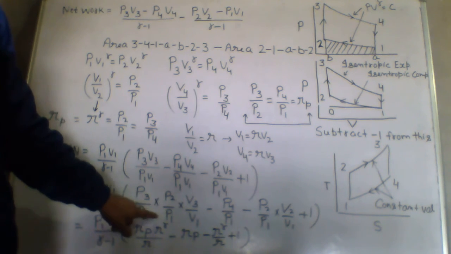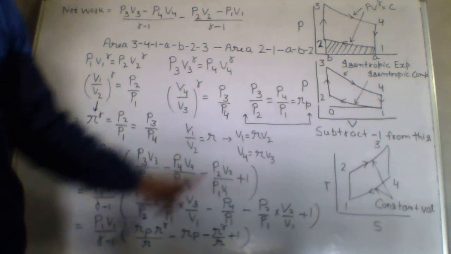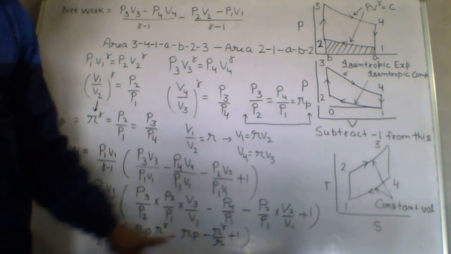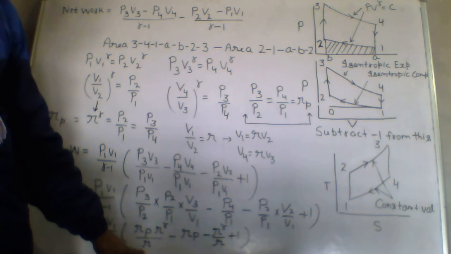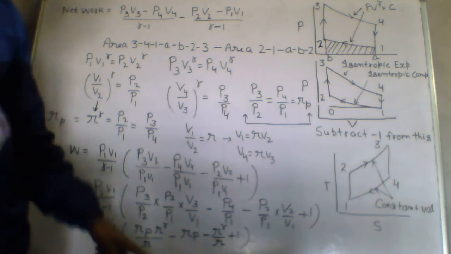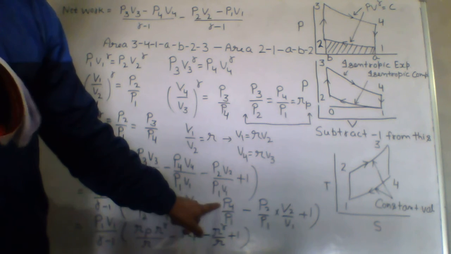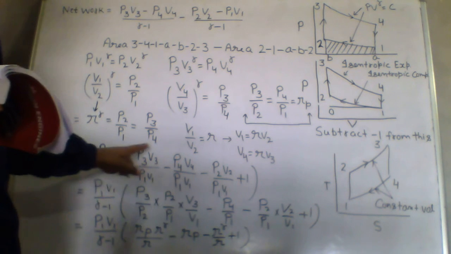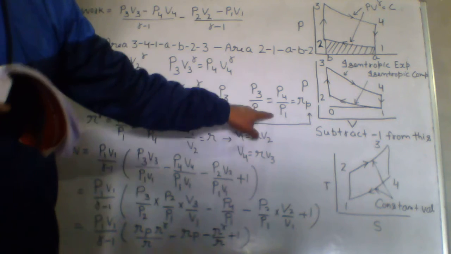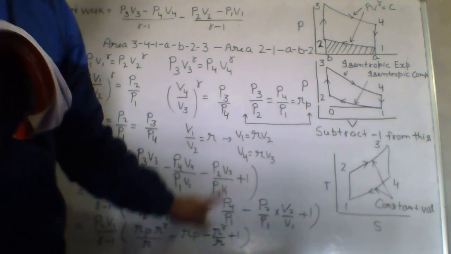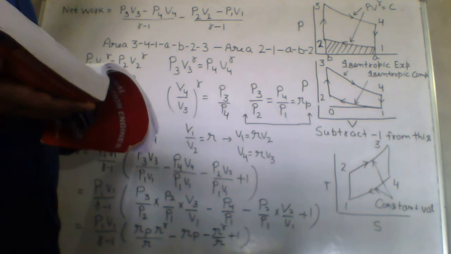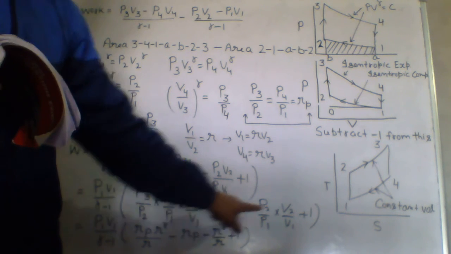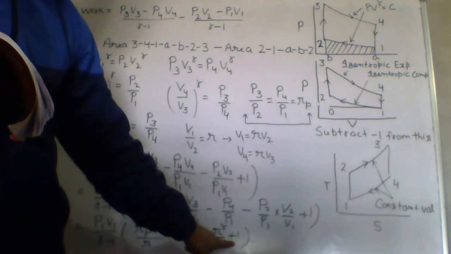P2 by P1 you can replace in terms of r, and V3 by V1 we can write as r. Minus this P4 by P1, which is rp. Then P2 by P1 is r raised to power gamma, and V2 by V1 you have r, plus 1.